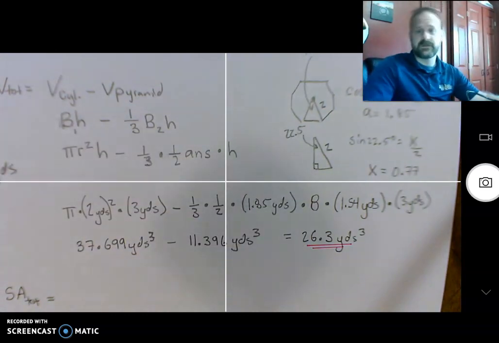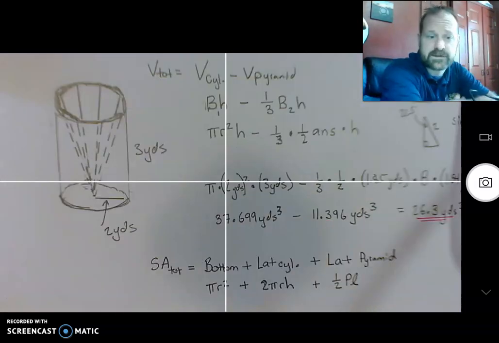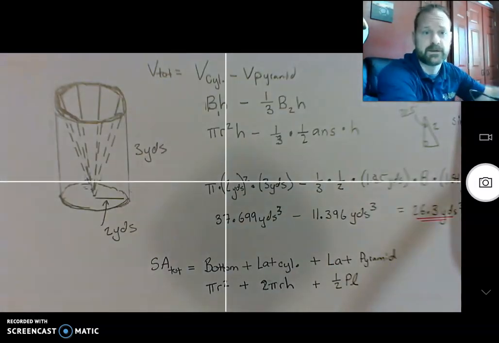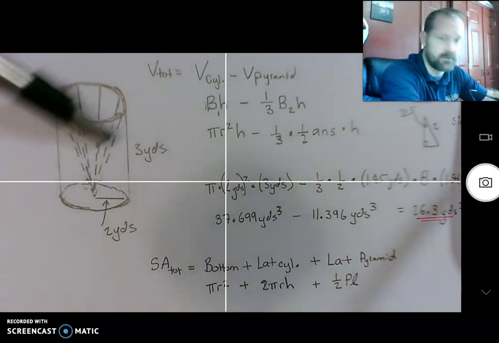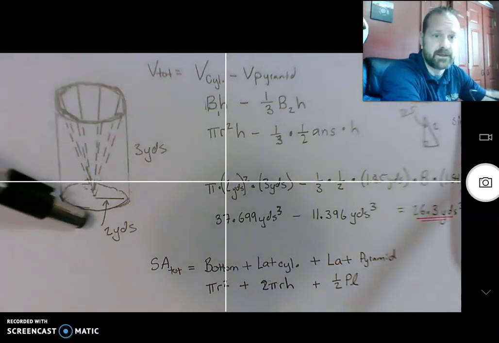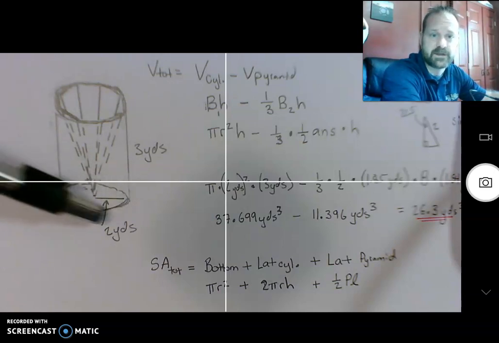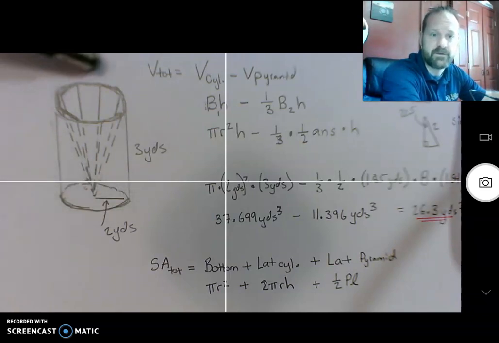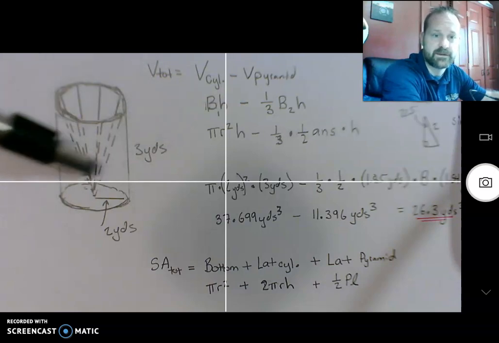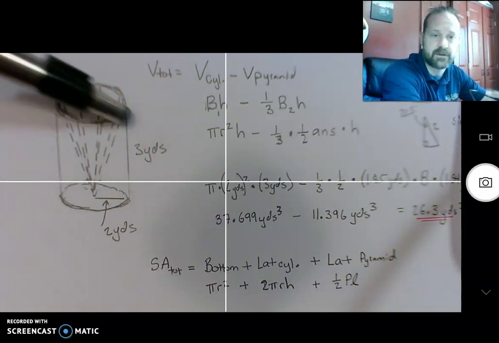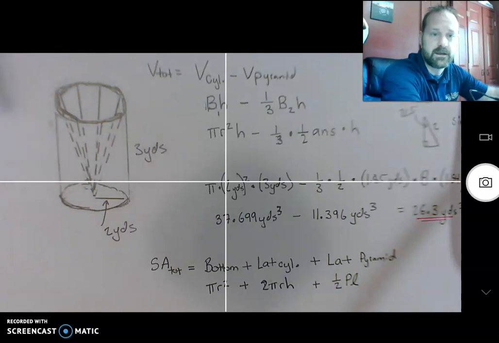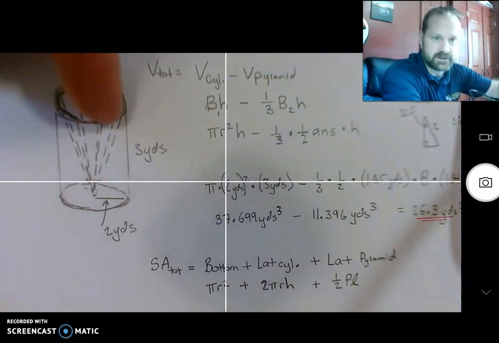Okay, let's do surface area. This is how I want you to start thinking. If I want the lateral surface area, that's going to be the bottom. These are all the regions I can touch: the bottom, then the outside of the cylinder, then we can touch the sides in here.